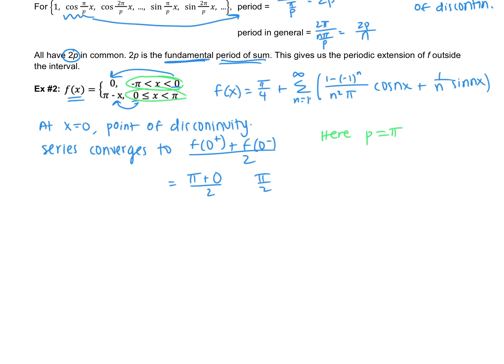So what that tells us is that our Fourier series converges to pi over 2 at 0 and every 2 pi away from that. And that's because, again, our period has that 2p, and p is pi.